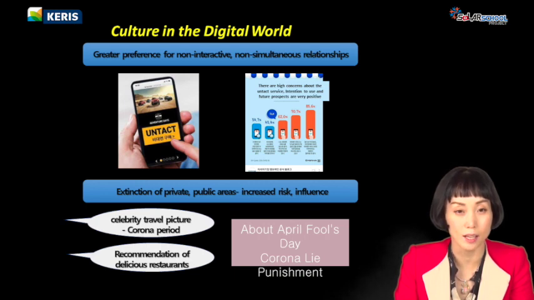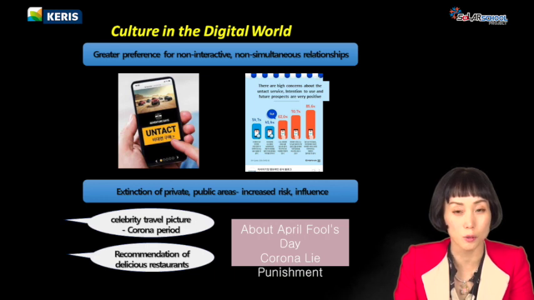First, we prefer non-interactive, non-face-to-face, non-simultaneous relationships. It covers a wide range of areas such as education, treatment, and delivery. Second, the boundary between private and public areas will disappear.